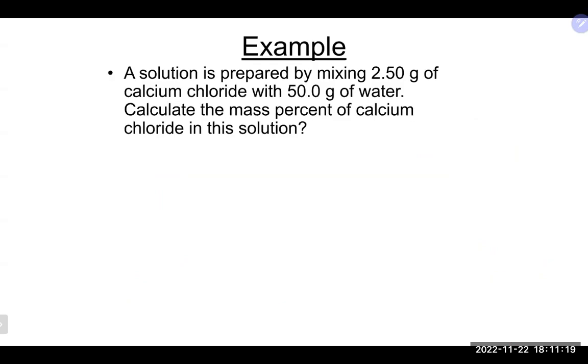All right, so I believe we did this example earlier on, but we are making a solution with 2.5 grams of calcium chloride and 50 grams of water. Remember that in this case we would want to add both of those numbers together to get our mass of the solution, which should be 52.5 grams.